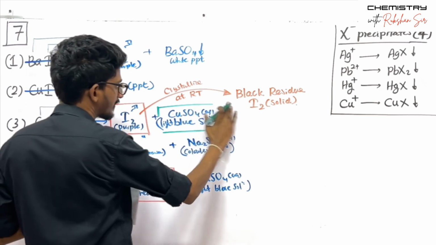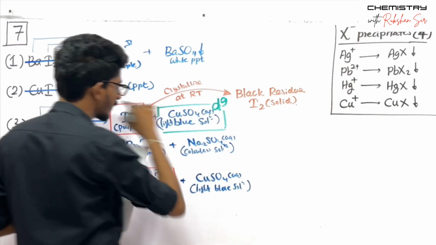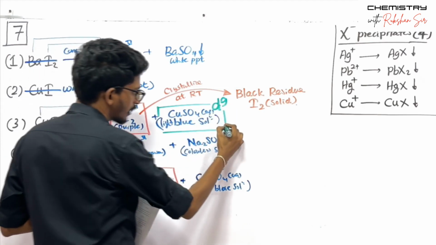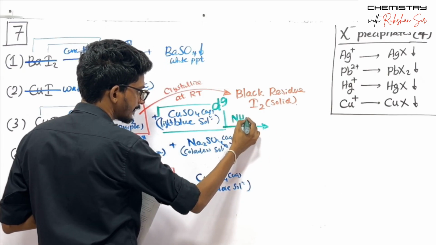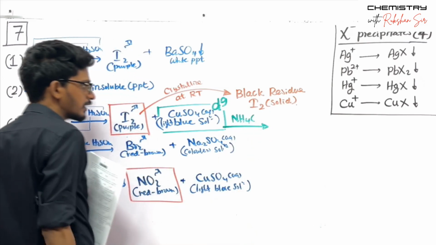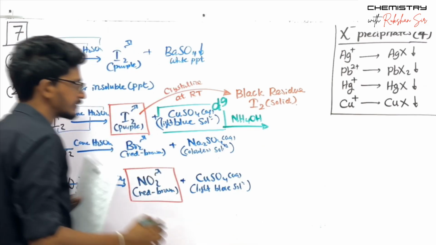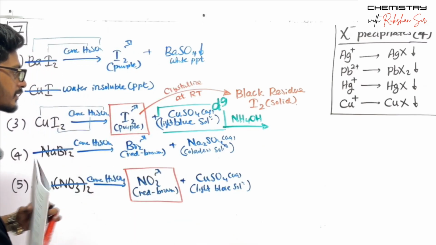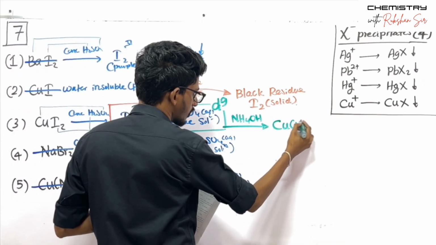This comes up as a D9 cation. If you add ammonia, NH4OH, what will happen? D9 cations will form amine complexes, a copper amine complex.